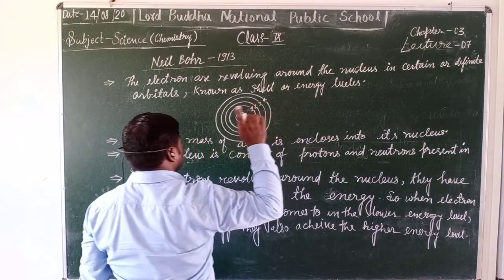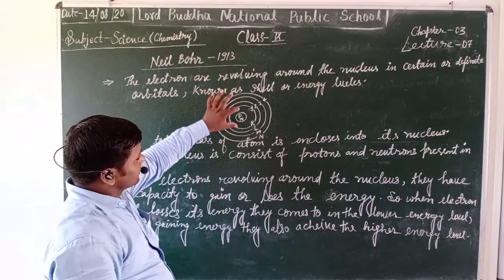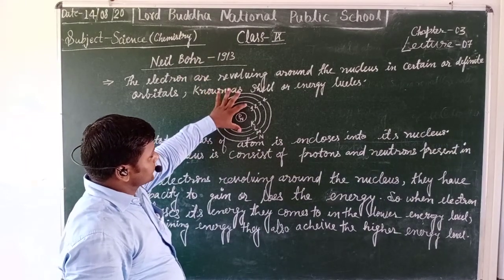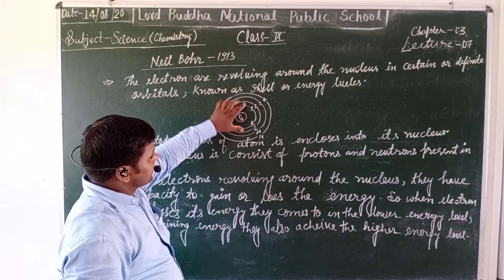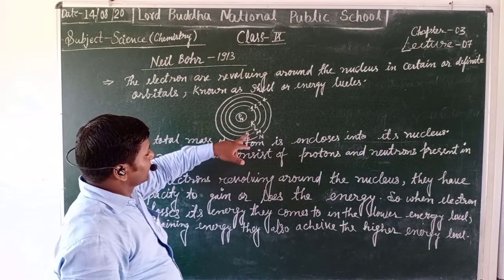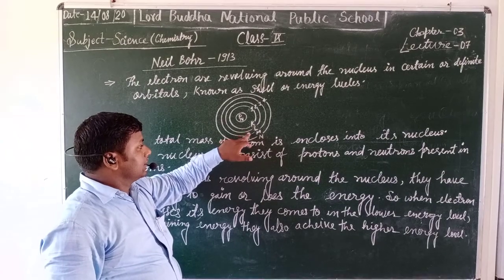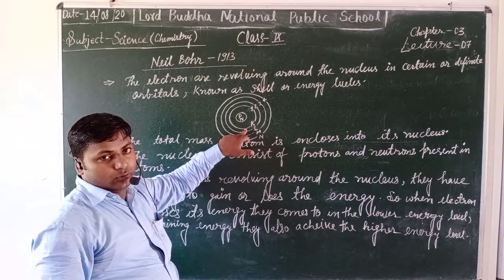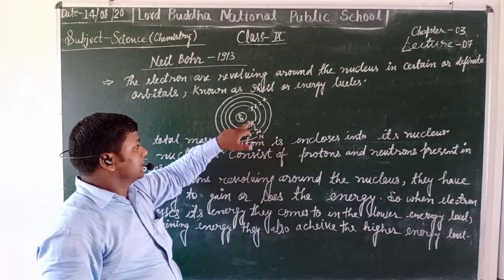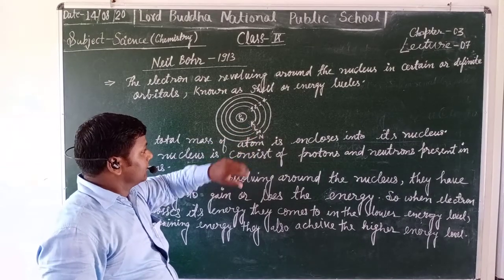Let's take an example: if there are 3 electrons in the second energy level and it loses 1 electron, then it jumps into the lower shell, that is, the K shell.